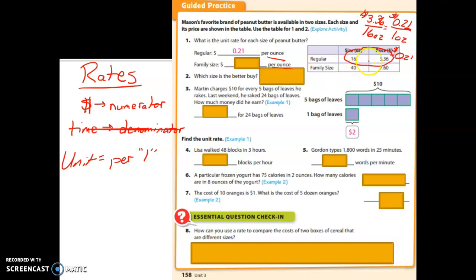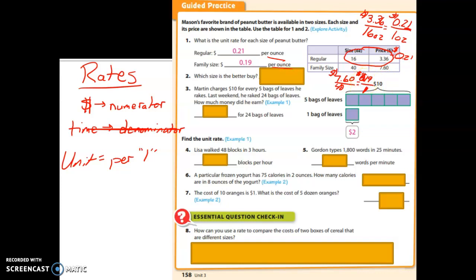Then we do the family size. Well, what are we going to do? Same idea, except in this case, we're going to do $7.60, money's on top, divided by 40. And see how much is this charging us per 1. That's our unit, right? Unit is 1, so per 1. So $7.60 divided by 40, and you're going to get 19 cents. Whoops, sorry about that. This is cents, not dollars. That'd be a ripoff. 19 cents per 1 ounce, okay?